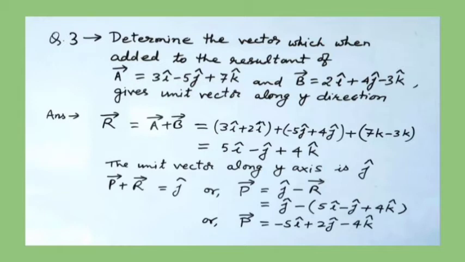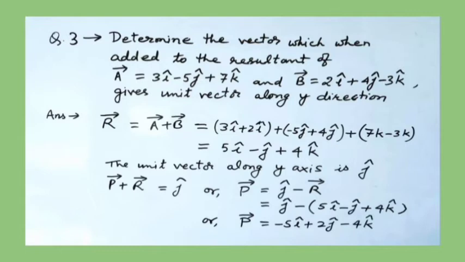Here the sum of vectors A and B is vector R, which is equal to 3i plus 2i plus minus 5j plus 4j plus 7k minus 3k, or R is equal to 5i minus j plus 4k.